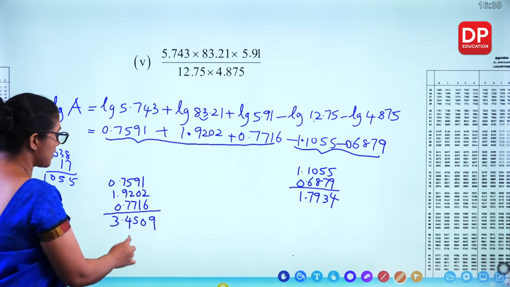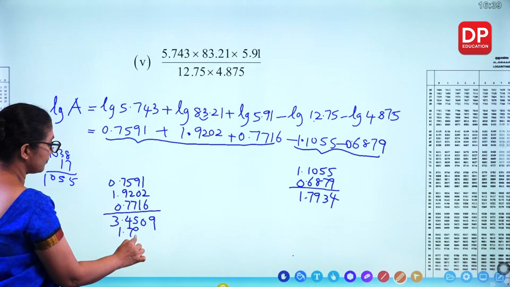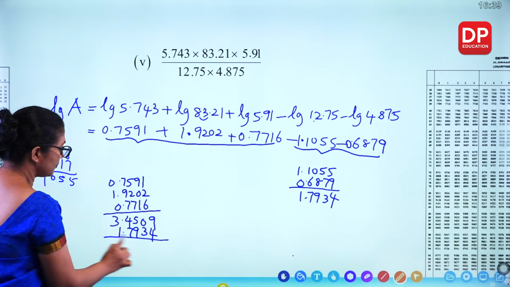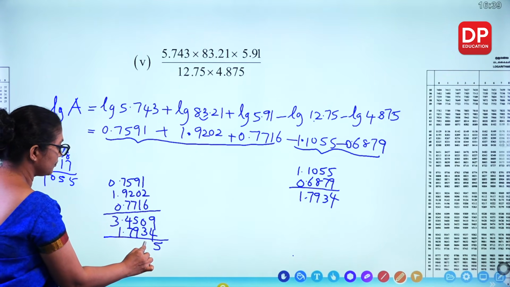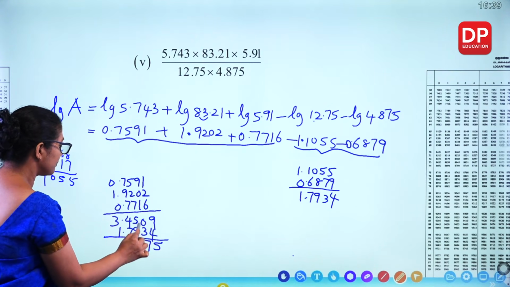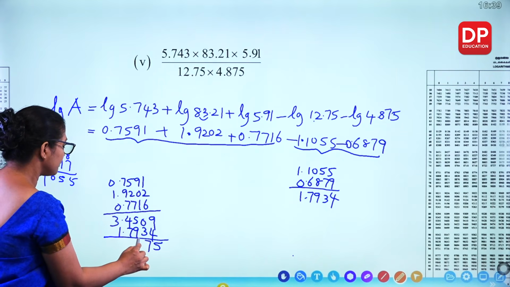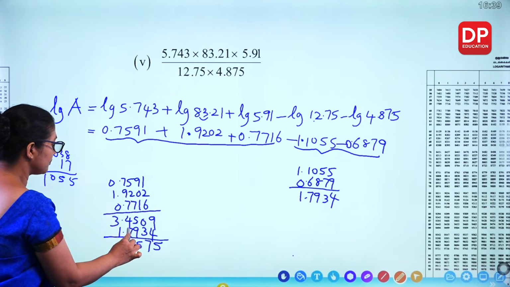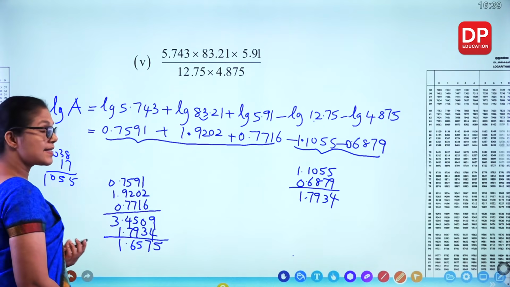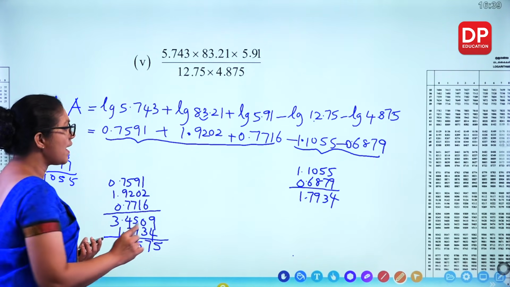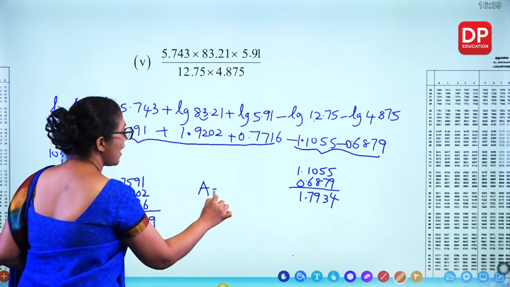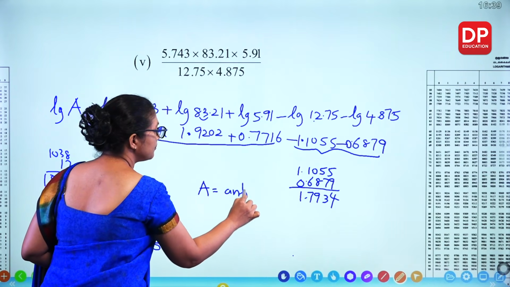And subtract. 1.6575. So take the antilog value to get the answer.